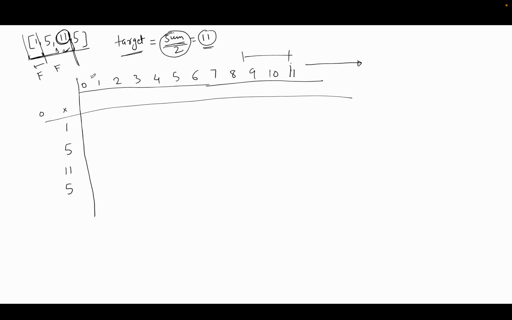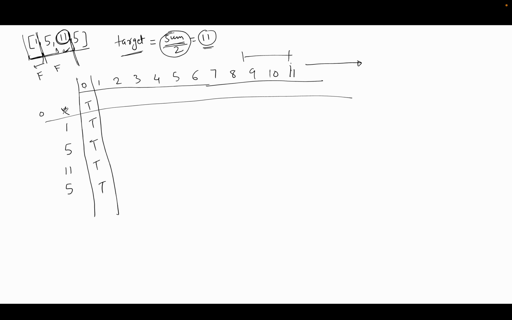So clearly sum of 0 can be achieved for all. So we write true here. Even if we don't include any element, we get a sum of 0. If we use the first one element, we can get a sum of 0 by not including it. Similarly, it's the base case 0.